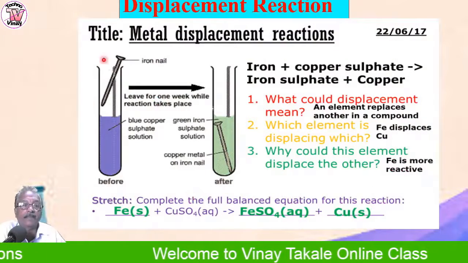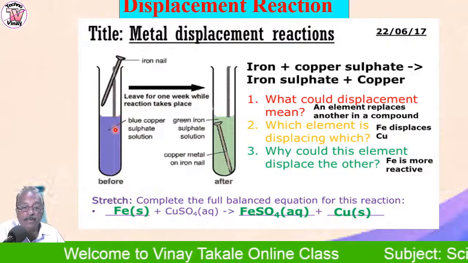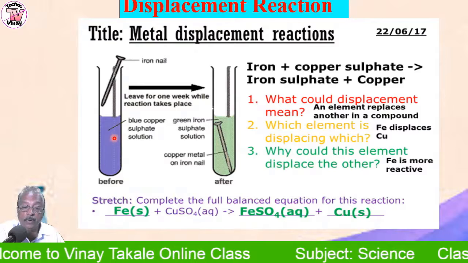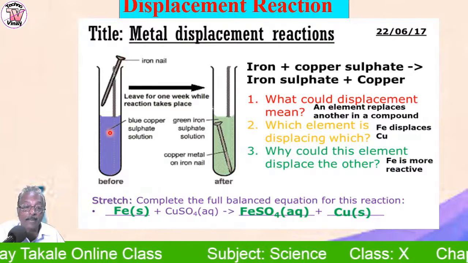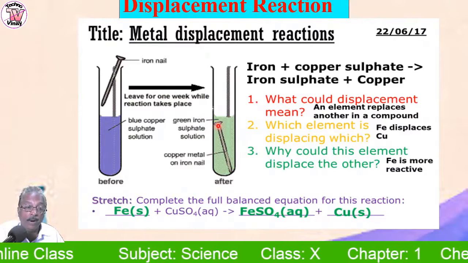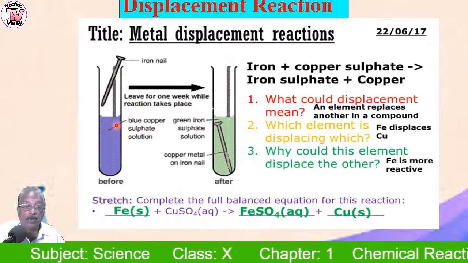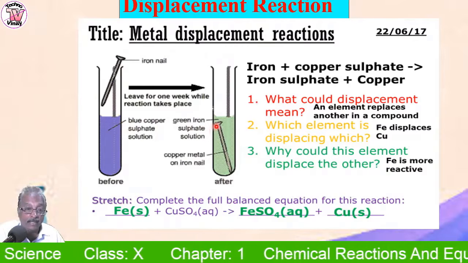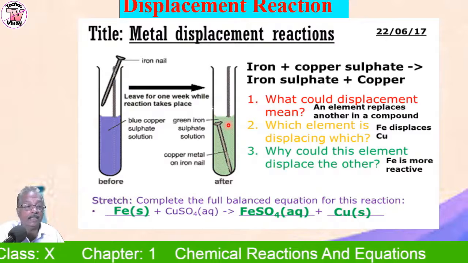You can see here. Initially this is copper sulfate solution, which is blue in color. This is before, and if you place the iron nail and keep it for 1 day or 2 days, you'll find that slowly the blue color of the copper sulfate fades away, the nail turns reddish brown and the solution acquires a green color.